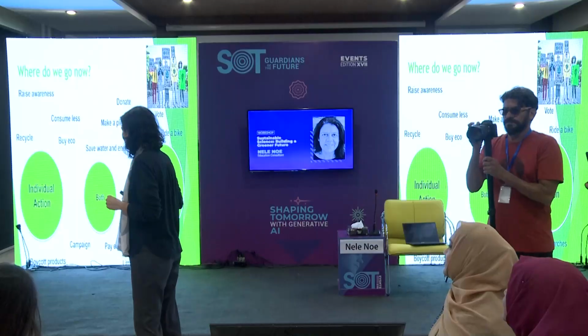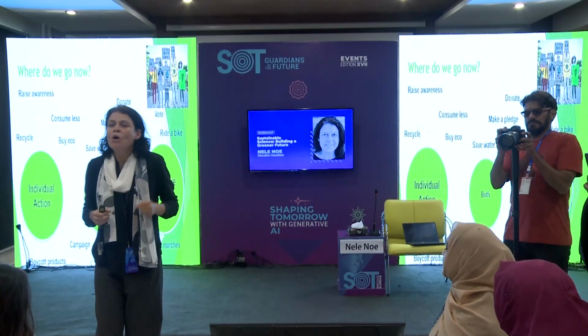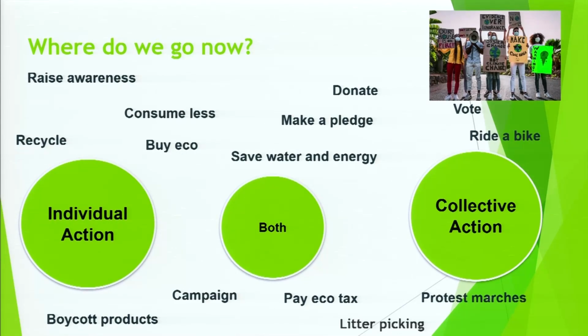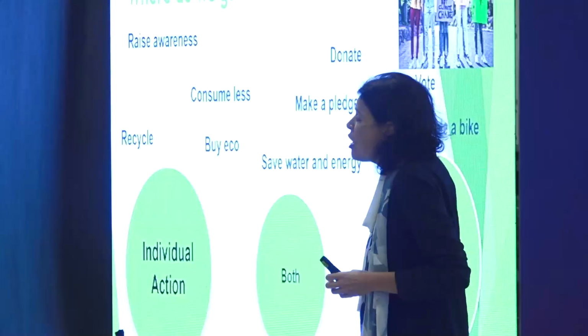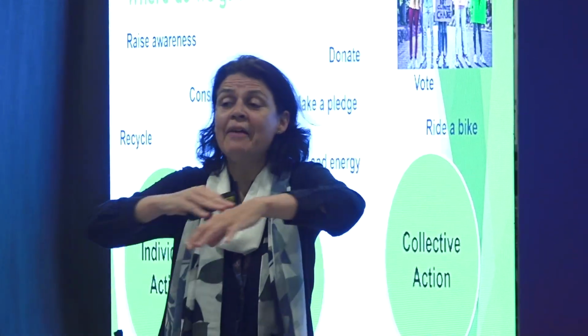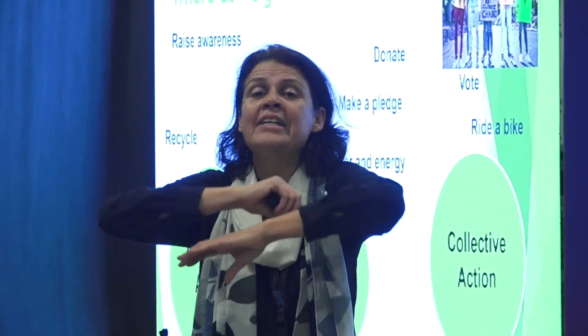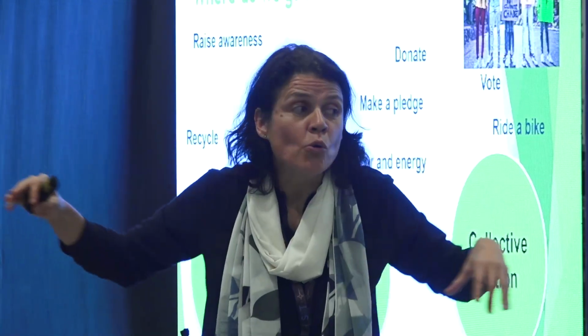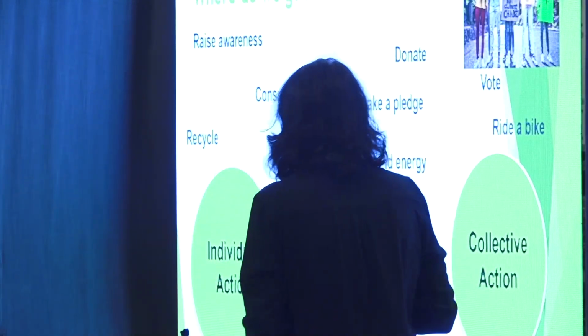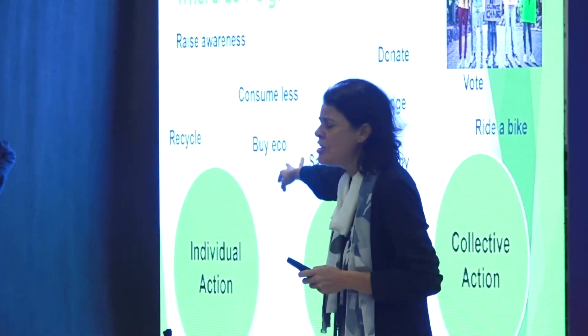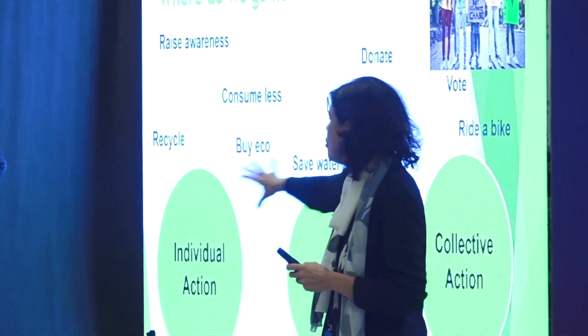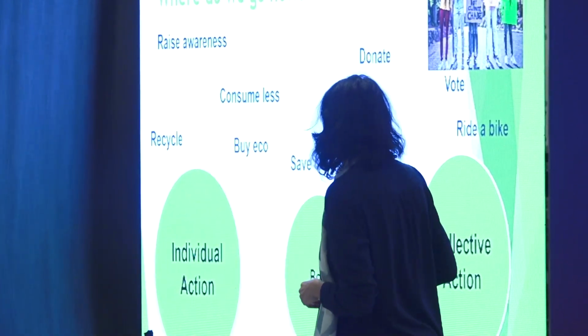So, where do we go now? Now, most of you have mentioned examples of collective action. When I talk about collective action, it's at the school and it's within the local community. Yes? Some of you have mentioned individual action, but most of you have mentioned collective action.